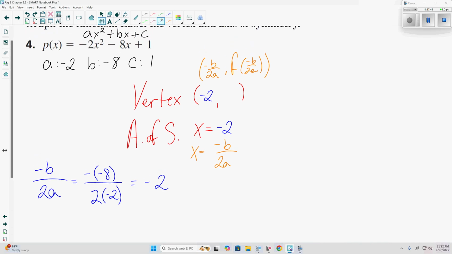Now the last thing we need to do is to find the y value of the vertex. And to do that, we're going to take that x value, that negative 2, and plug it into x in the equation. So we'd have negative 2 times negative 2 squared minus 8 times negative 2 plus 1.